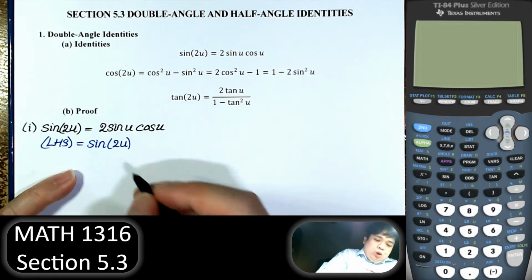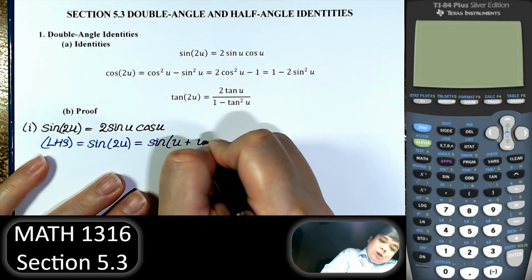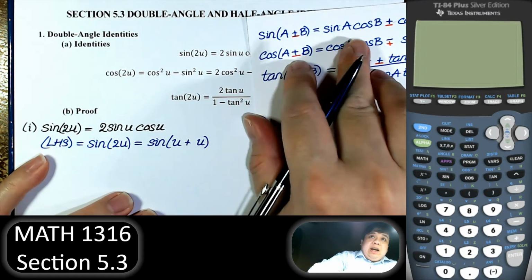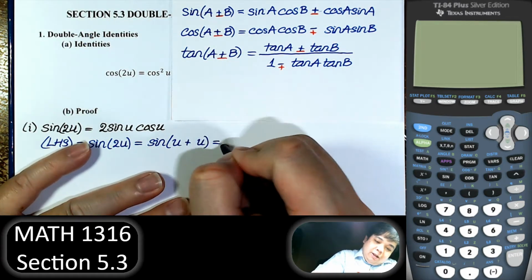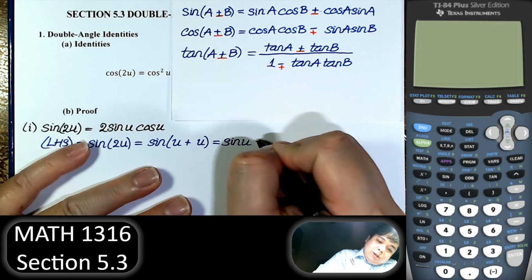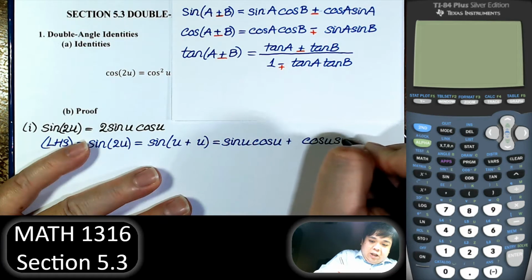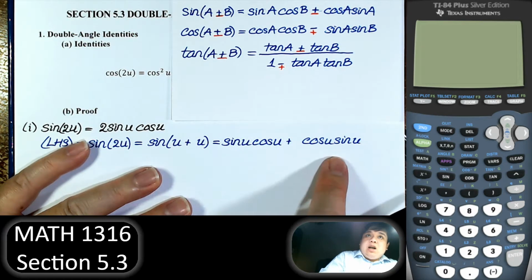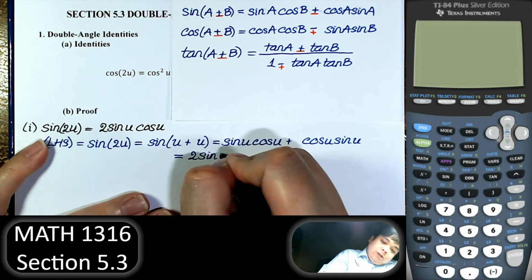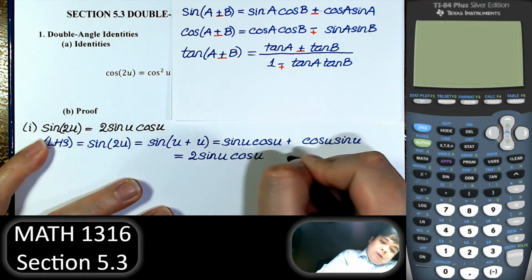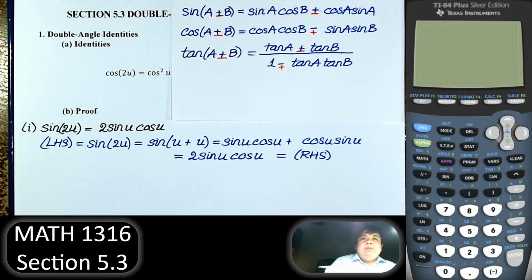Now sine of 2u we can write as u plus u, which gives us 2u, right? And then we use the sine of a sum, sine u cosine u plus cosine u sine u. These two terms are the same. Combine like terms gives us 2 sine u cosine u, and that is the right hand side. So straightforward, right?